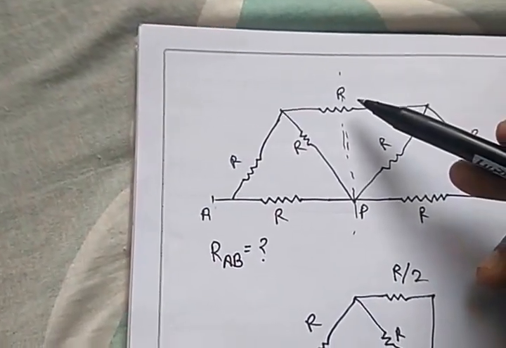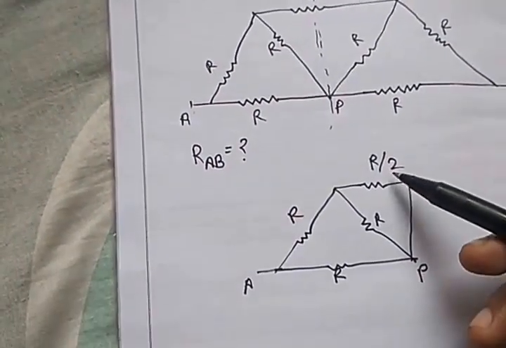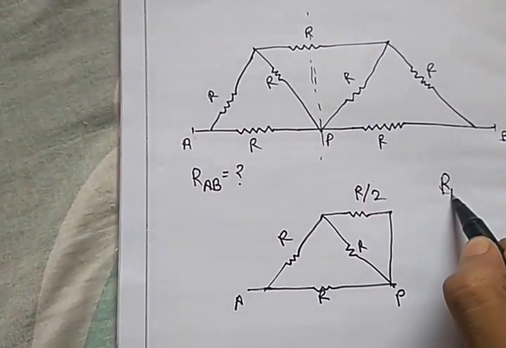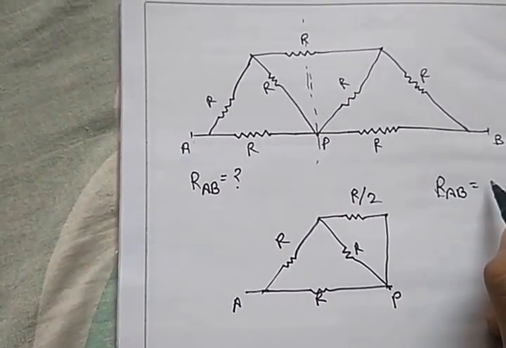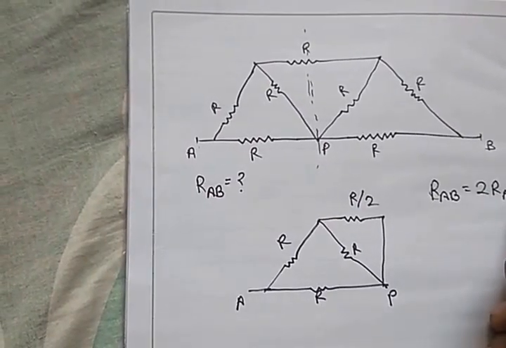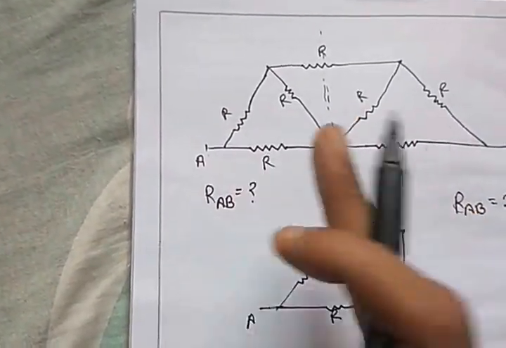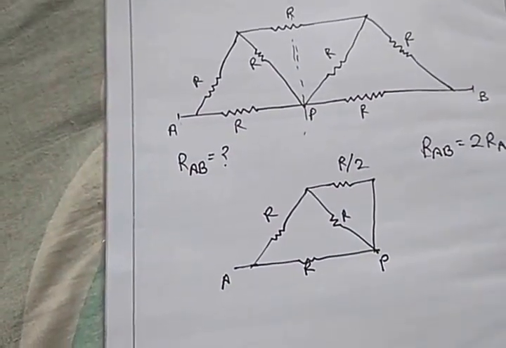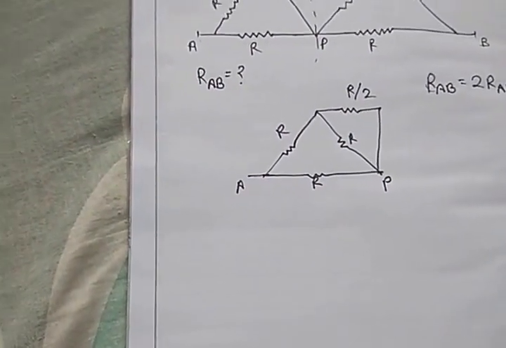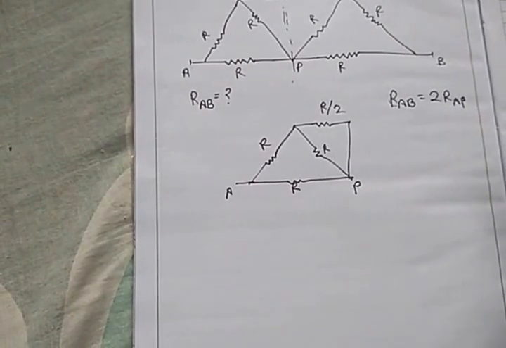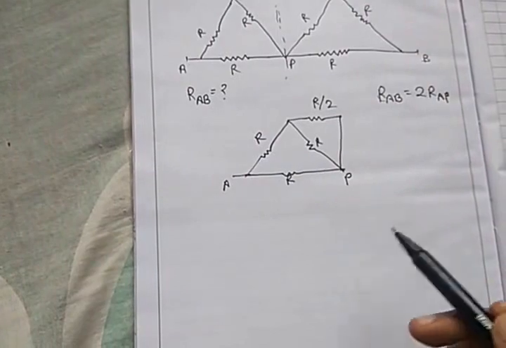Since this resistance is divided into two equal halves, this resistance will become R by 2, and RAB will become equal to 2RAP. Since we have divided AB into two equal parts, RAB equals 2RAP, so for finding the resistance between AB, we have to find the resistance between AP.